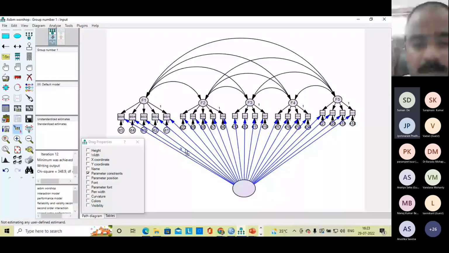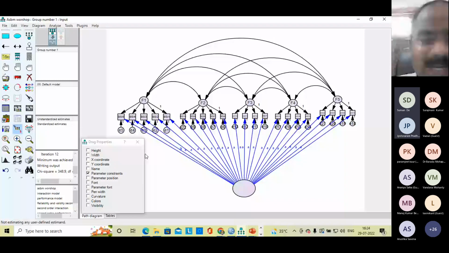Now see, every parameter connected with the common construct has been constrained with the factor loading or regression weight by A. I repeat, every parameter or indicator connected to a single construct or latent variable has been constrained with the same regression weight A.